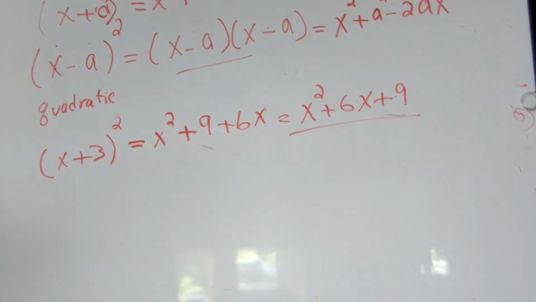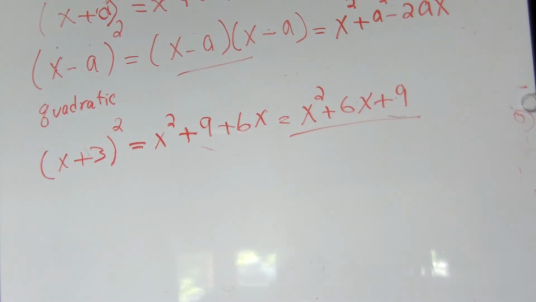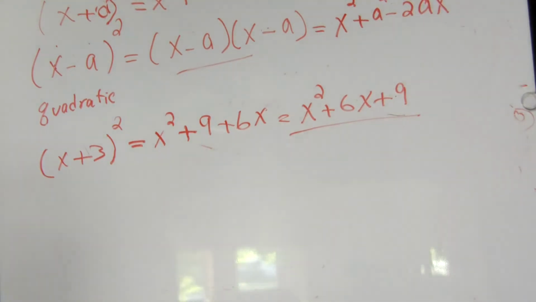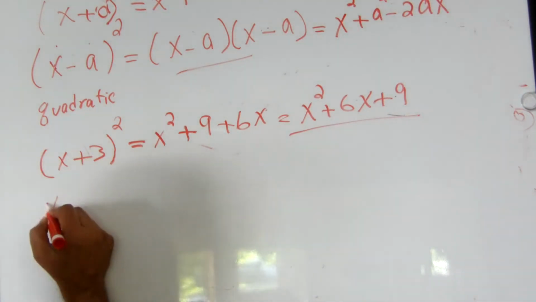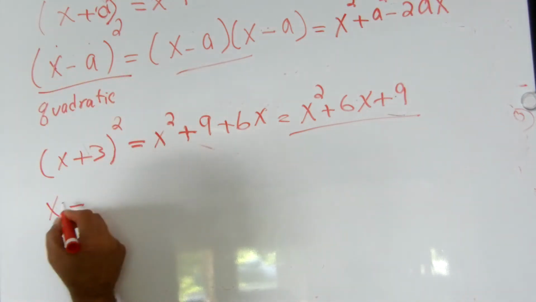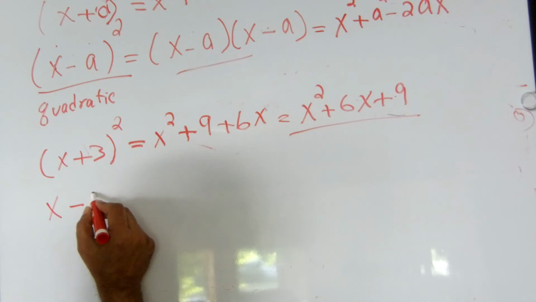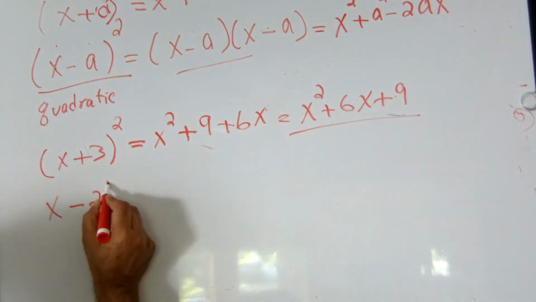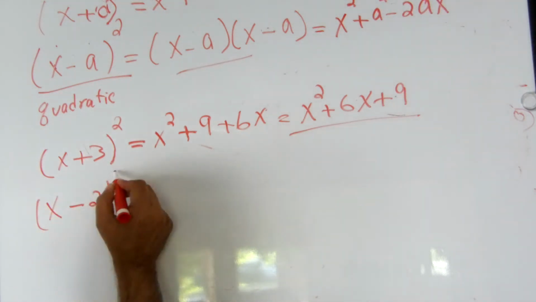Suppose we have x minus 2 to the power of 2.